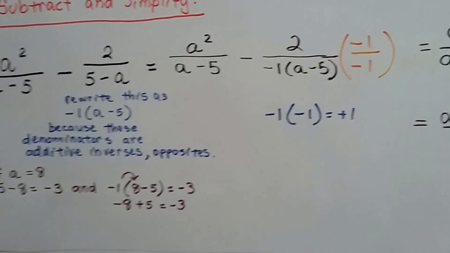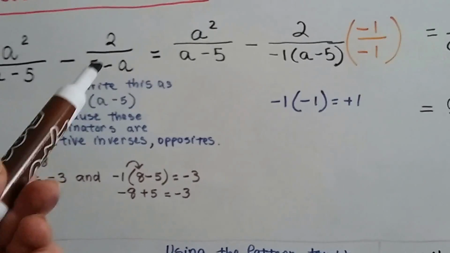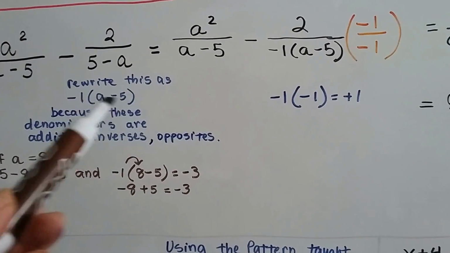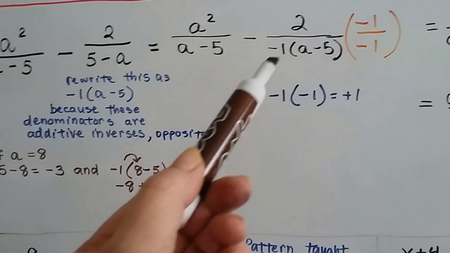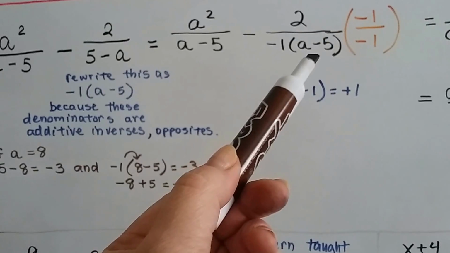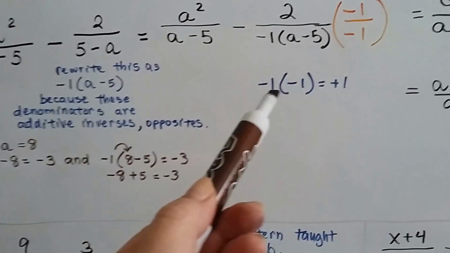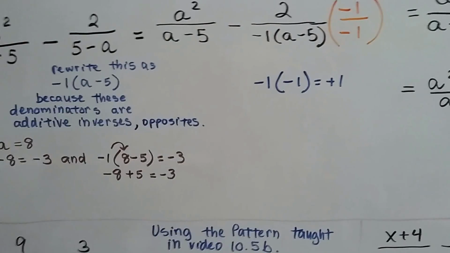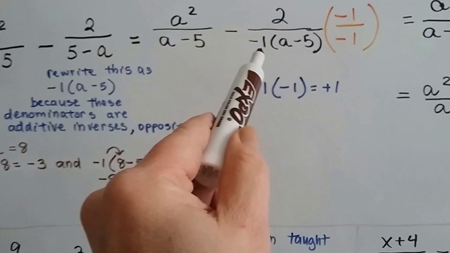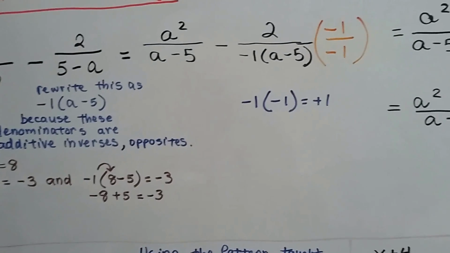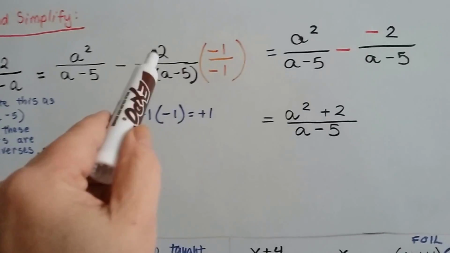So basically what we did was we turned this around by rewriting it as this one with a negative 1 in front of it. And now to get rid of that negative 1, we multiply the numerator and denominator by a negative 1, because negative 1 times negative 1 makes a positive 1. And that gets rid of this negative 1 in front of it.